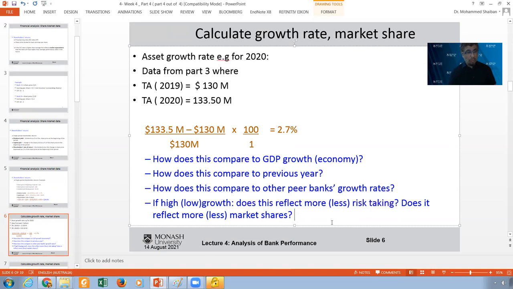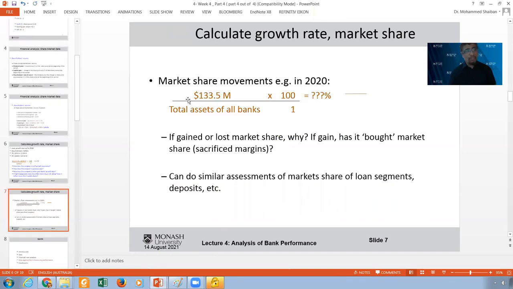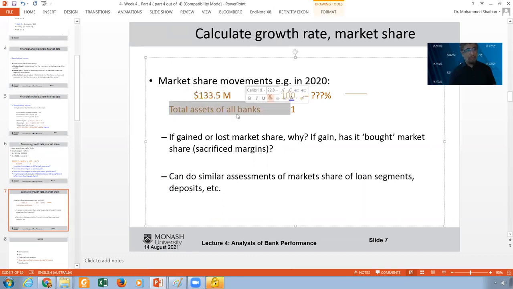And also, if we know that the growth is real, we have to compare this to the market share. If we are increasing our market share, that means we are also growing. So the market share is another issue, and you can compare your assets to the total assets of the banks, because in our example, we don't have the total assets of the banks. If we know it, we will see how much the growth was in 2020 and compare how much our share is in 2020, and of course, we will compare it to 2019.